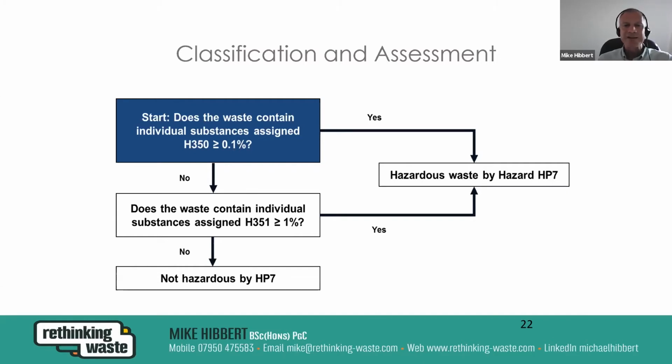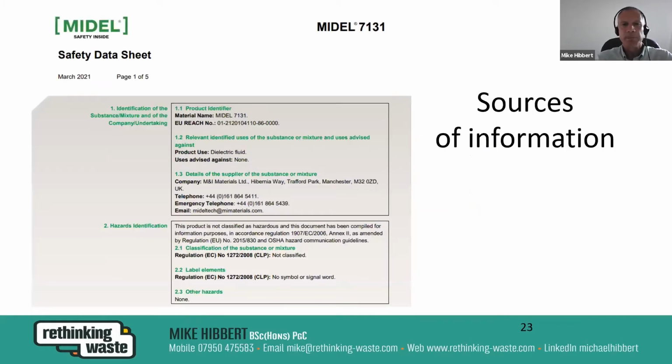So you need to add together various parts to come up with an overall figure. Likewise, there might be some things that you can't actually assess by looking at the background data on a particular waste stream and its composition, but you physically need to test it. The prime example of that is probably flashpoint.